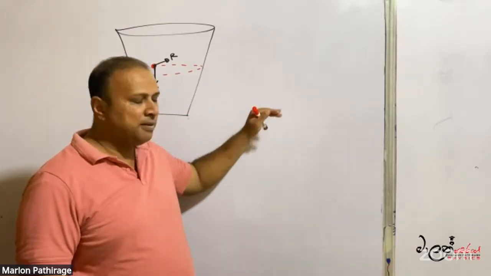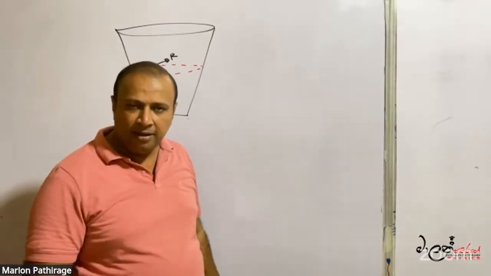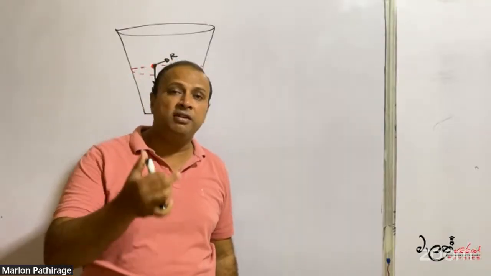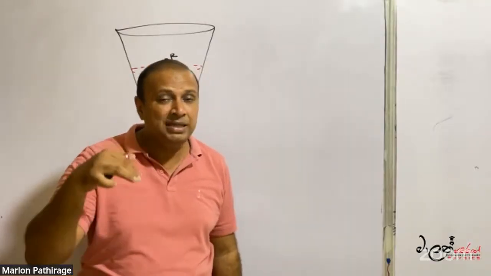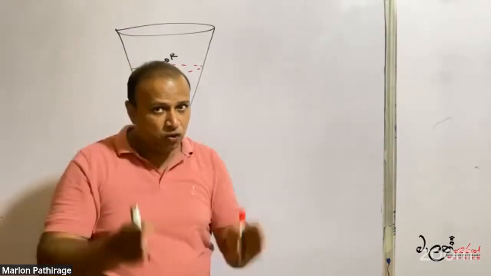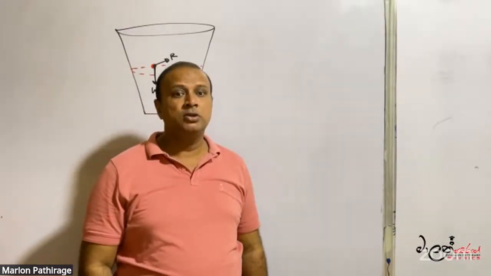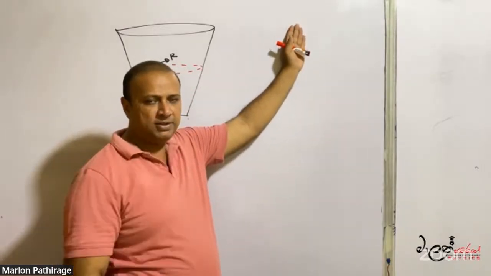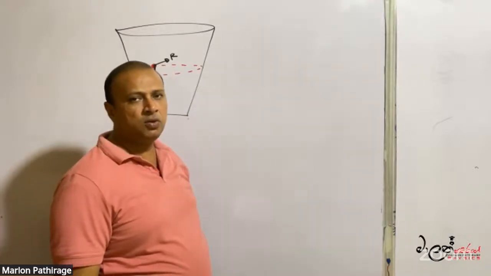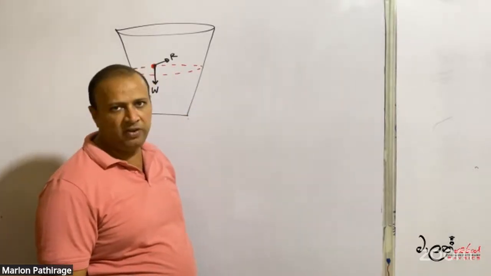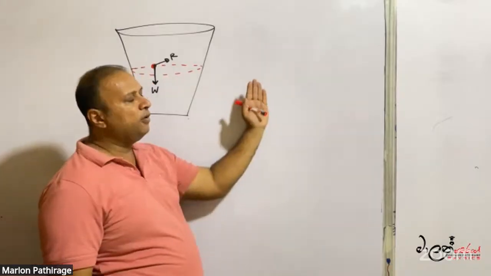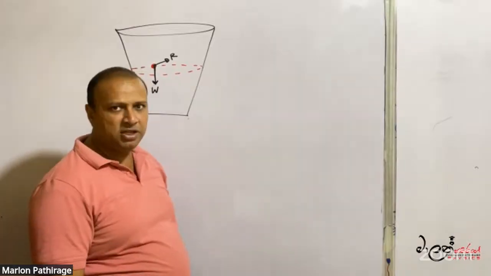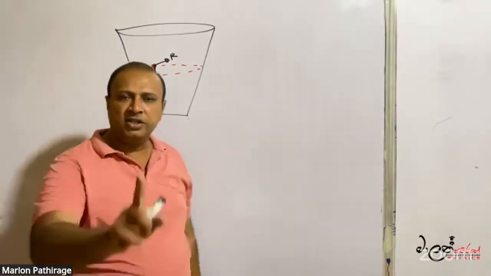Therefore, you have to apply F equals ma when the object is at the bottom. This swing has 2 ropes, so in the upward direction there are 2 tension forces. In the downward direction there is only the weight, which is 200. Therefore, upward there is 2 times tension, and downward only the weight.